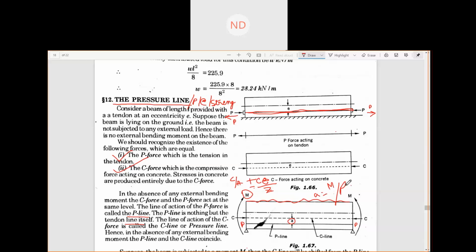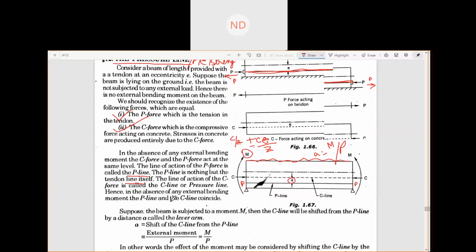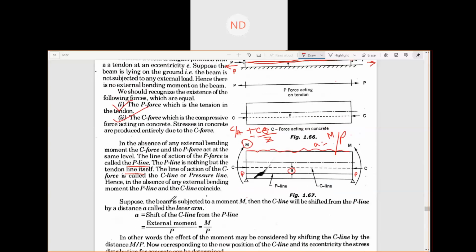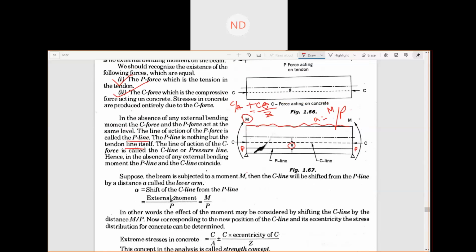You can see here, if I go below, the same thing is written here. That means the C line will be shifted from the P line by a distance A called the lever arm. So the shift is given by M by P. In other words, we consider the shifting of the C line from the distance M by P.